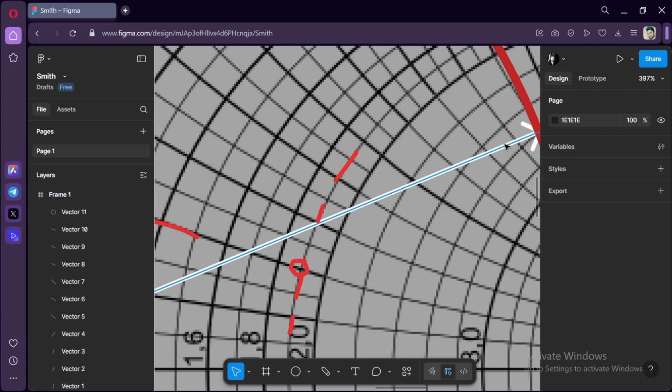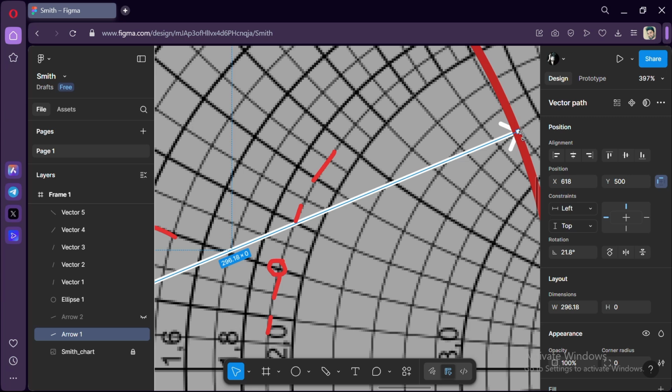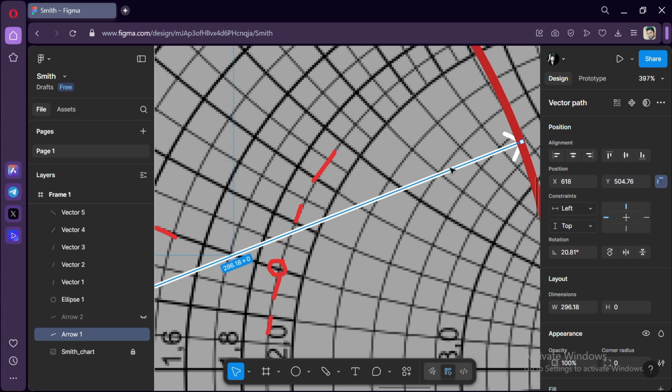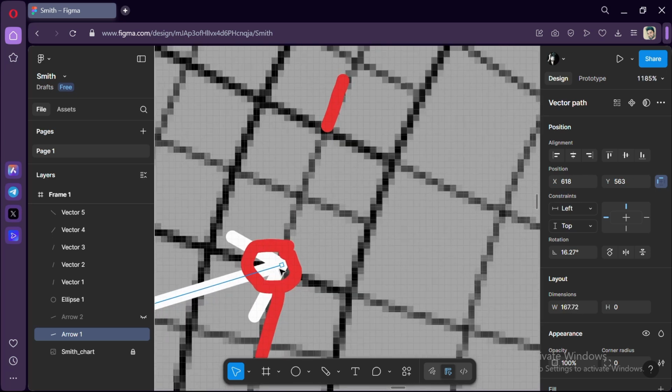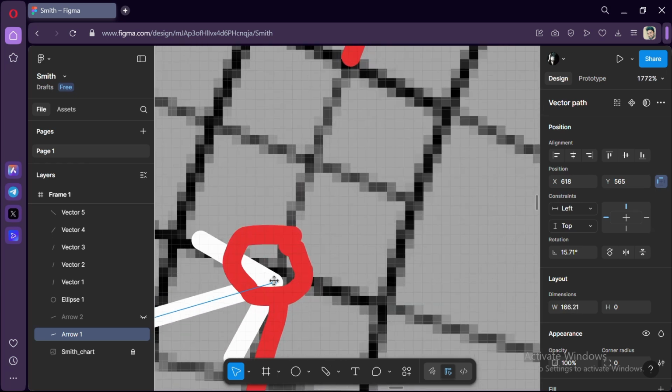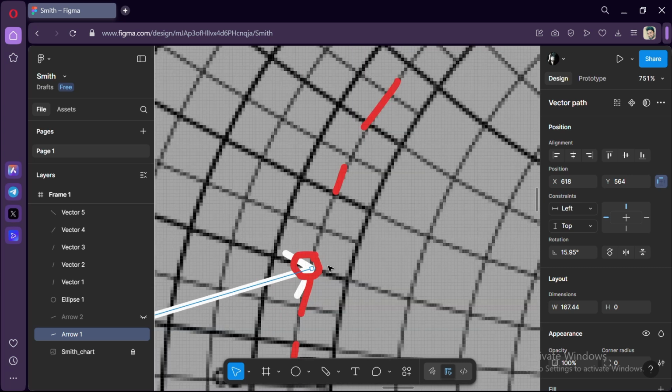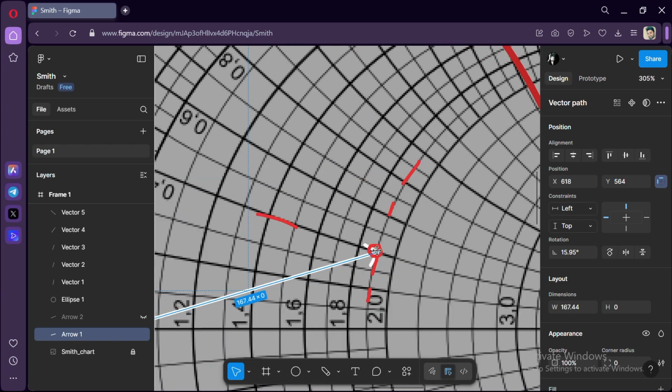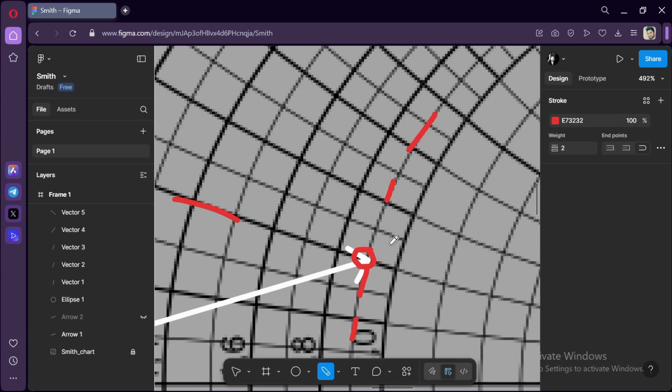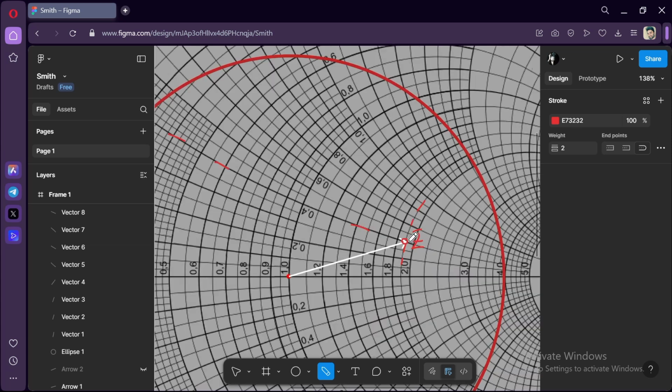I will take this arrow. Okay, it's fine. So this is our Z normalized. I need to rotate this 180 degrees so we can find our Y normalized.